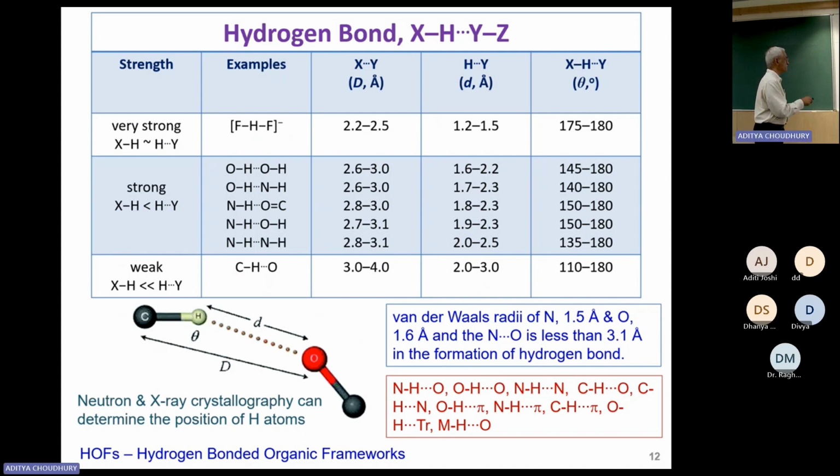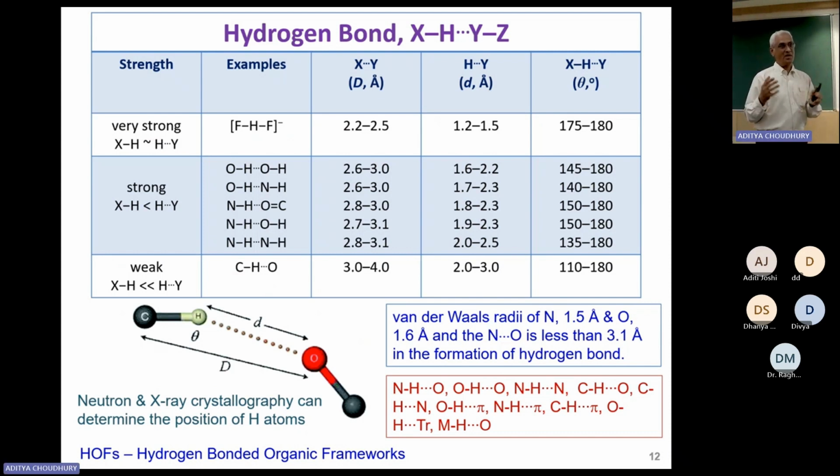Of course, the XY distance is always less than the sum of the van der Waals radii. It is very strong. Again, the angle. Sometimes you get 180, but don't expect it. Theoretically you would get it if you have only this kind of hydrogen bonding present, nothing else, maybe in the gas phase.